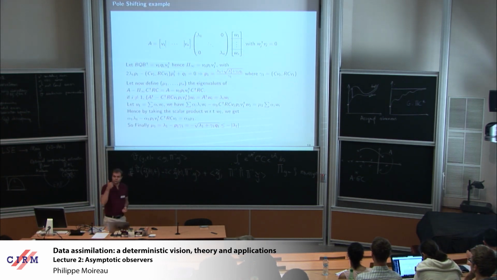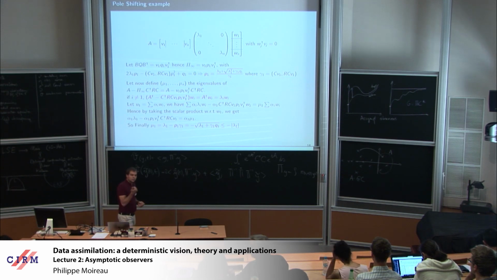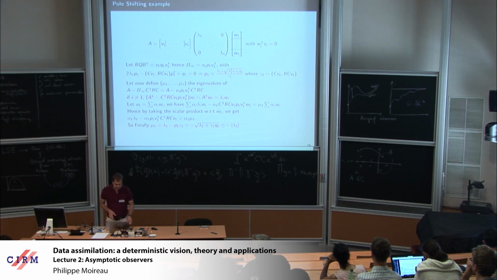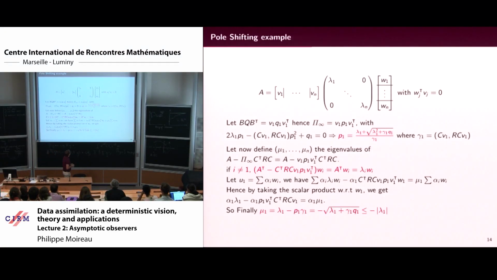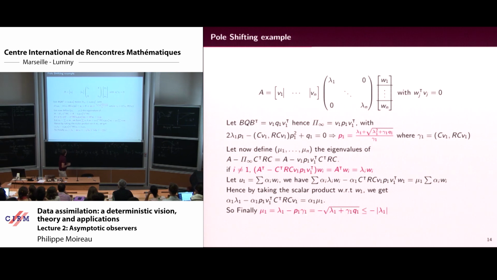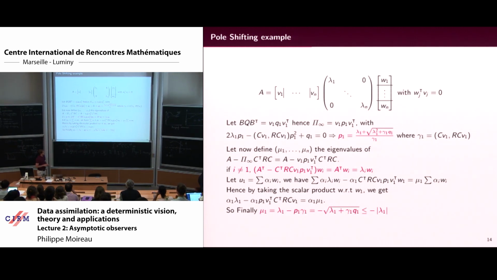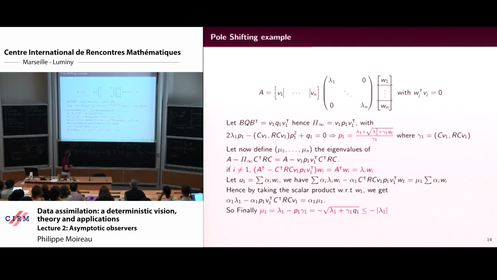For that, I give you just a very short example, which is a case where you can diagonalize the matrix. Okay, so finite dimension, you can diagonalize the matrix. So you have the poles somewhere for A, with the left and right eigenvectors, and I decided to consider B transpose as something like that.